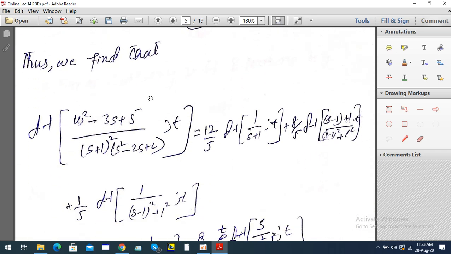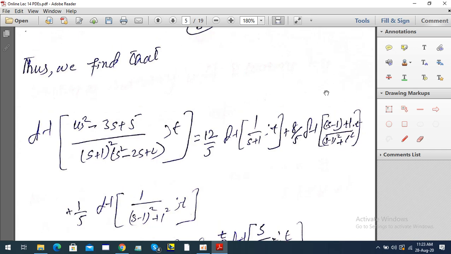So now the Laplace inverse of this is equal to, because 12 by 5 is a constant, we just take it out and apply Laplace inverse on the part with s. Similarly 8 by 5 is a constant, and for the Laplace inverse of this, look at this one, I have subtracted and added 1, minus 1 and plus 1.